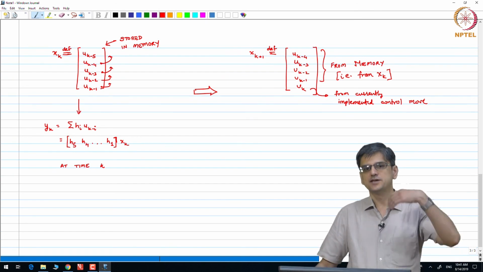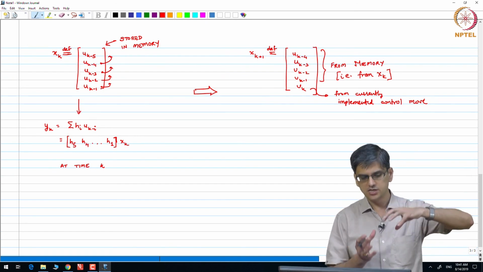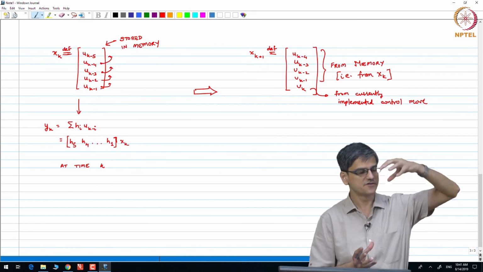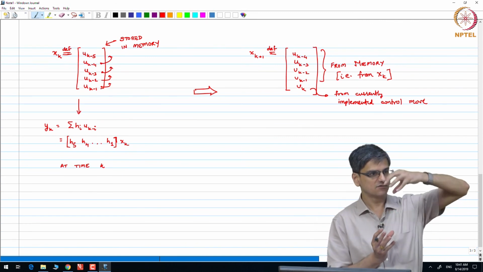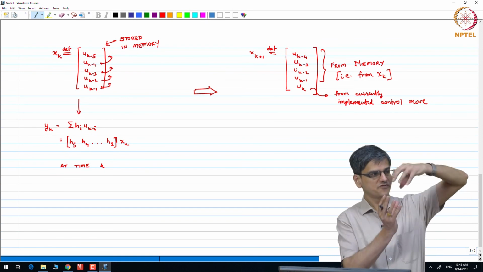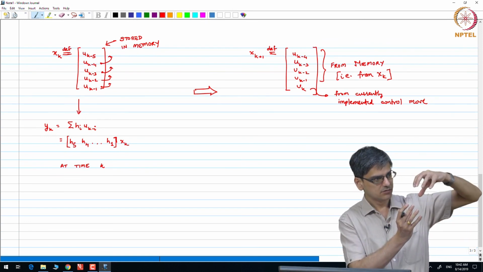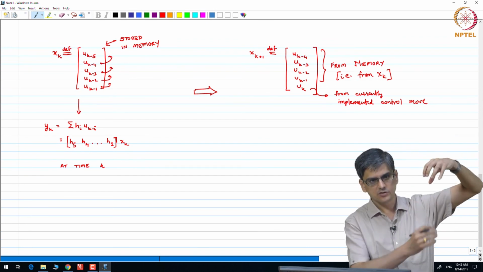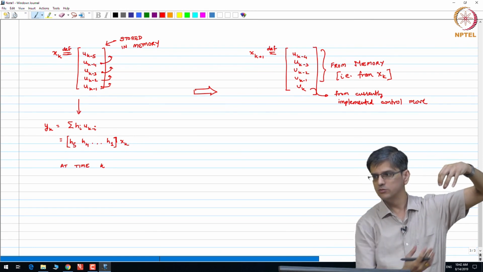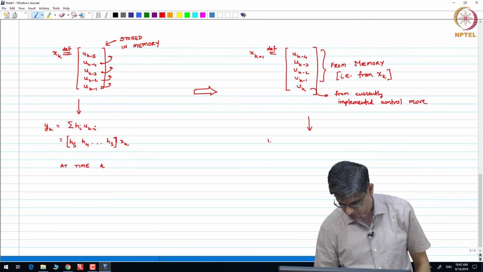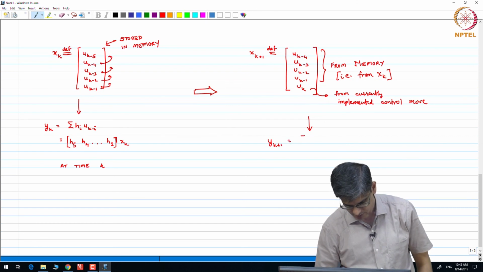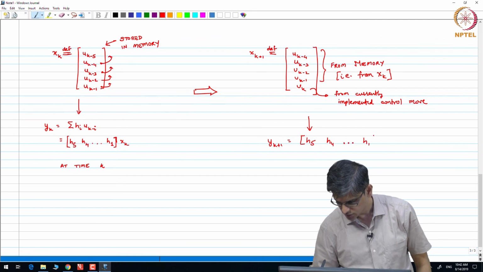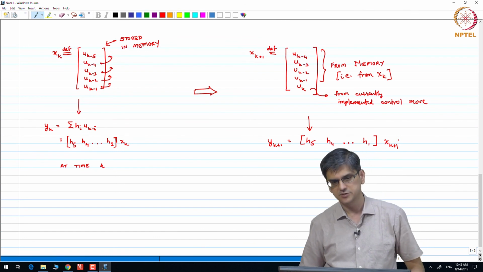So, at each time k, you take whatever x's you have stored in memory, shift them by 1, drop the last uk minus 5, insert the new u below, and yk plus 1 is just going to be h5, h4 and so on to h1 multiplied by xk plus 1.